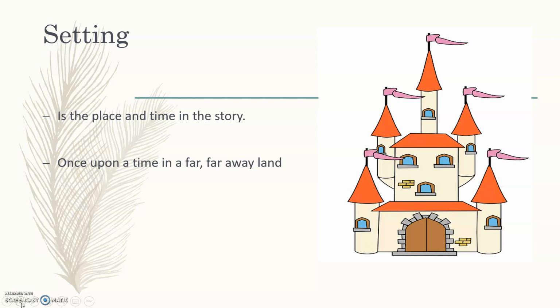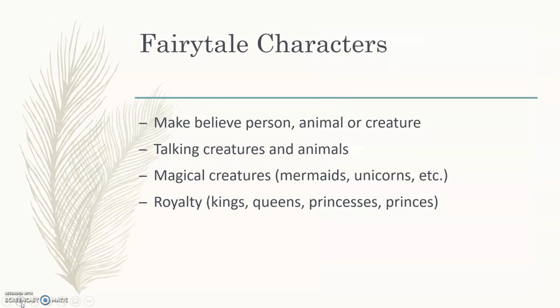So the characters in a fairy tale kind of go like this. We know that there's make-believe people or animals or creatures, that there's talking creatures, right? There's talking animals. There's also magical creatures, which might include mermaids or unicorns. Then there's royalty with kings and queens, princesses and princes, right?